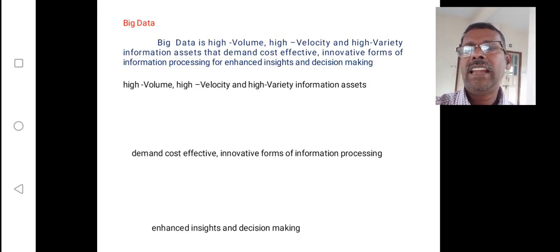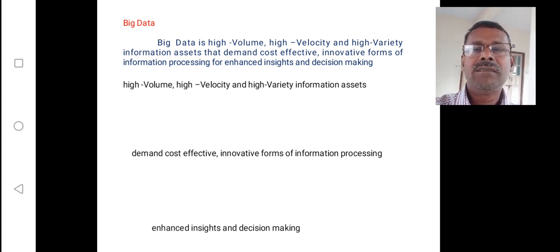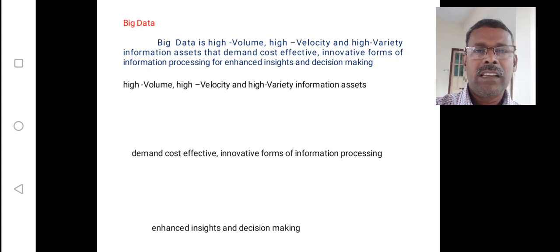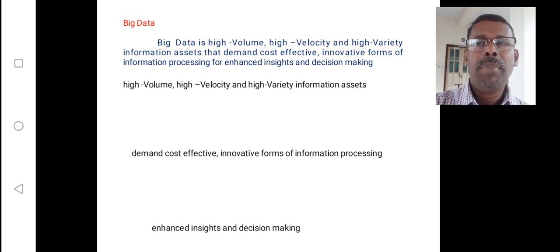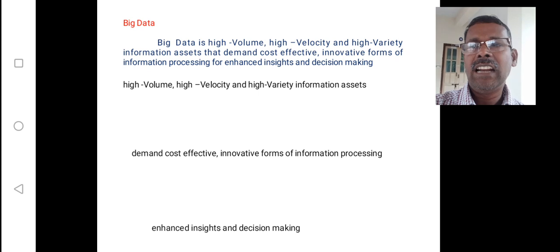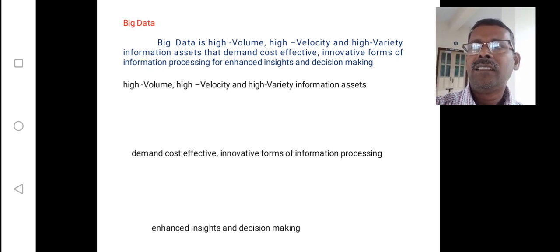So, come to understand the definition of big data. Before getting into the topic, we must have some awareness of big data and analytics. Usually the term big refers to huge.